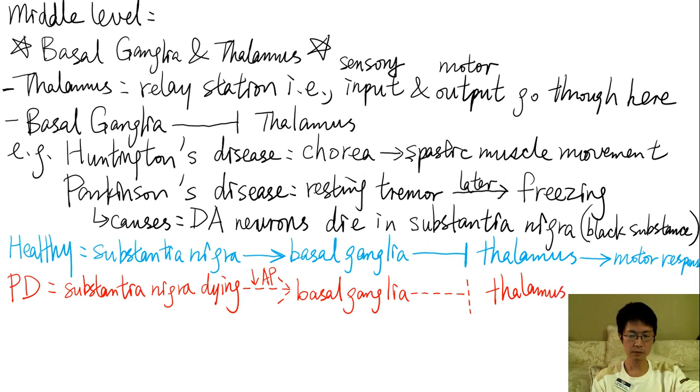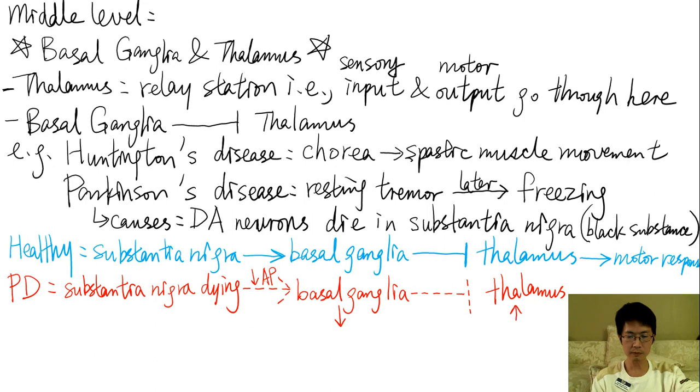Let me repeat. The basal ganglia are dying, generate less action potential, so they will decrease their activity. That's why the inhibition will be weakened. When you weaken the inhibition, what does it mean? It will increase the activity of the thalamus.